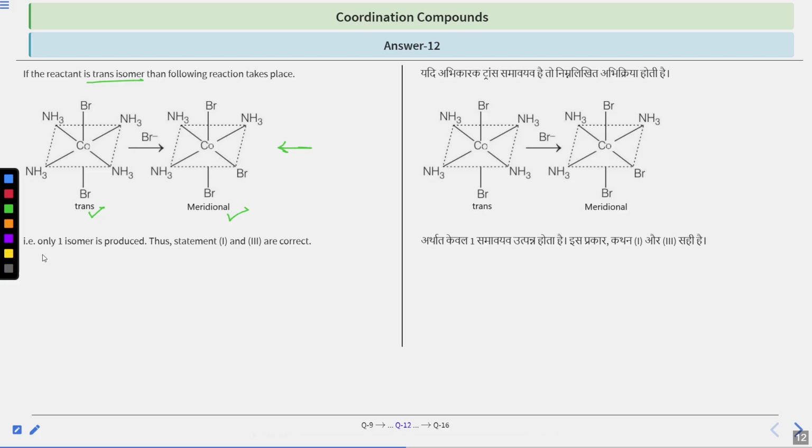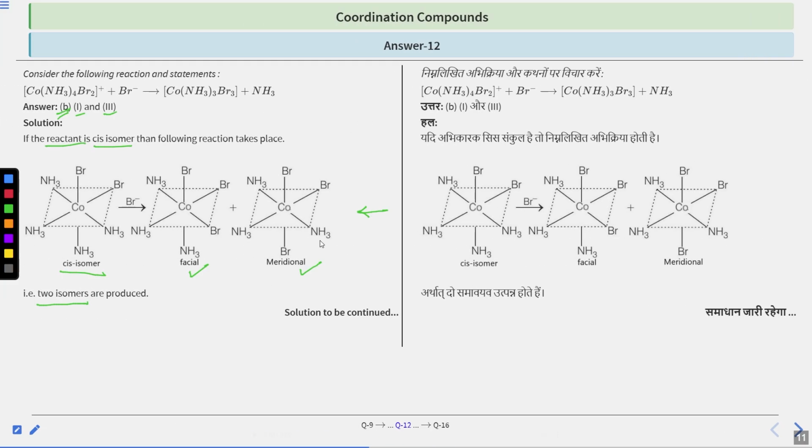So only one isomer is produced when the reactant is a trans isomer. Thus, statements 1 and 3 are correct, and option B, which contains both statements 1 and 3, is the correct option.